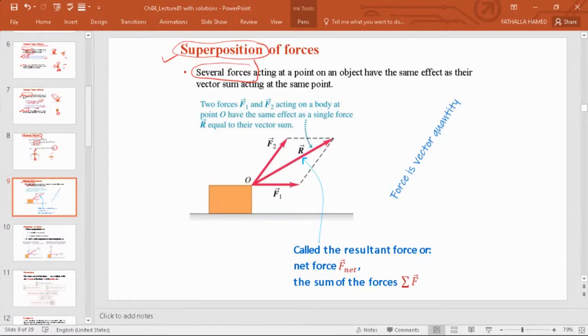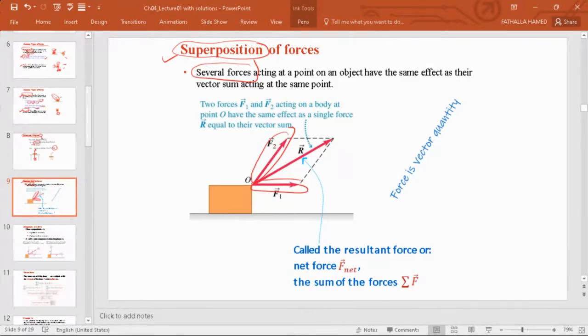So to do that, we identify the force that is on the object, and in this case we have here, let's say F1, and we have here F2. So what is the combined effect of these two forces? Like what we did in chapter number 1, you add them like you're adding vectors. So you can either take F1 and you bring it here.